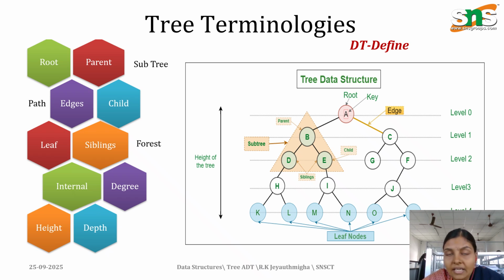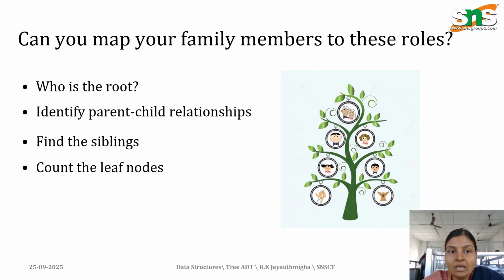An edge connects two nodes, and it forms a path. We have levels from 0 to n, and the height of the tree is of the order of level n. And we have leaf nodes, the end of the tree, which do not have any further child nodes. And here is a tree.